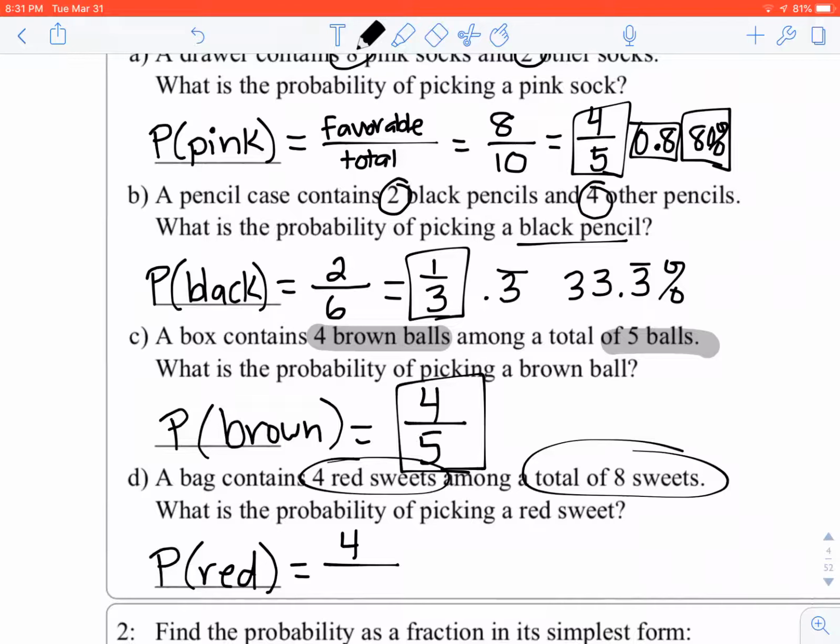So you do not have to add anything on this one. So it's 4 over 8. Okay, you're going to reduce that. So using your calculator or in your head, 4/8 reduces to 1/2. So there's a 1/2 or 50% chance of picking a red sweet.